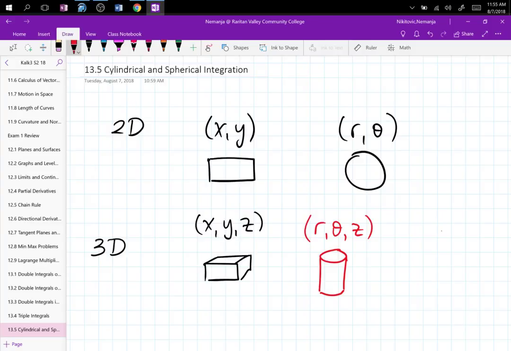Note the r theta input for that one. And then we also have a spherical realm, which is rho phi theta, which is dealing with the ball, the sphere. So these are the new ones, the red and the blue.